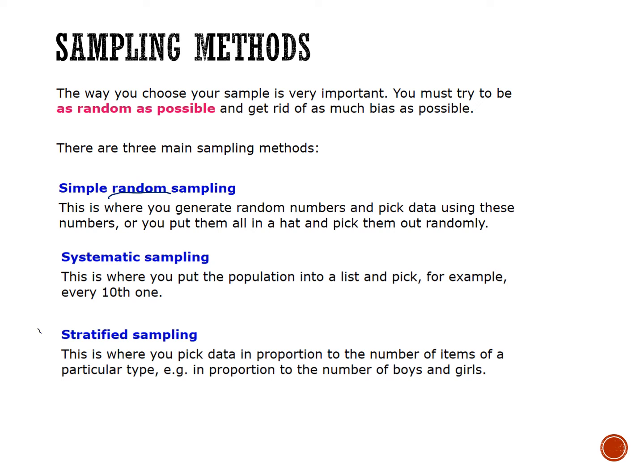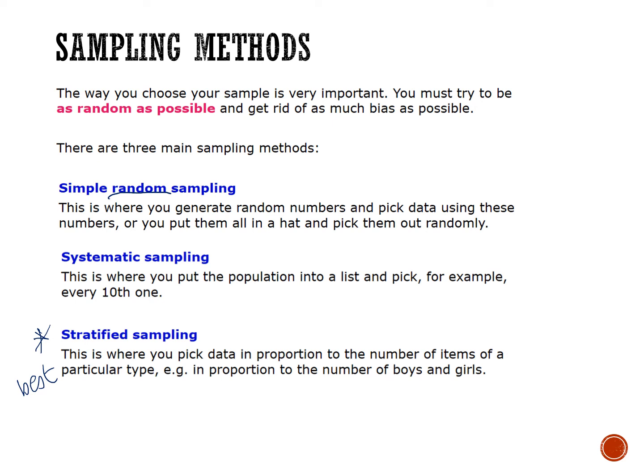So stratified sampling is the best because it is representative. But it takes more time to do. It's slightly more complicated in that you've got to work out how many to pick from each section, and then you've also got to number those and pick them as well.